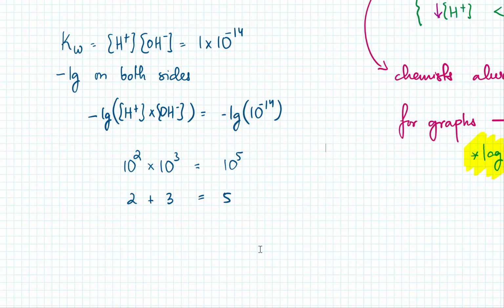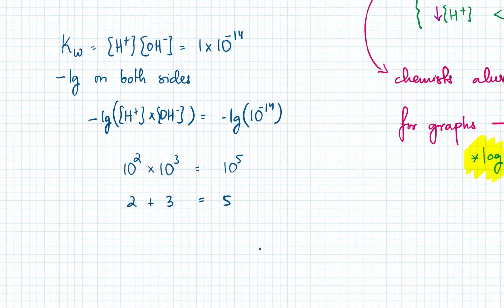So if I rewrite this, it becomes minus log of H plus 1 concentration, plus minus log of OH minus 1 concentration, and that's equal to minus log of 10 power minus 14. I'm just ignoring the plus sign, since it's redundant.